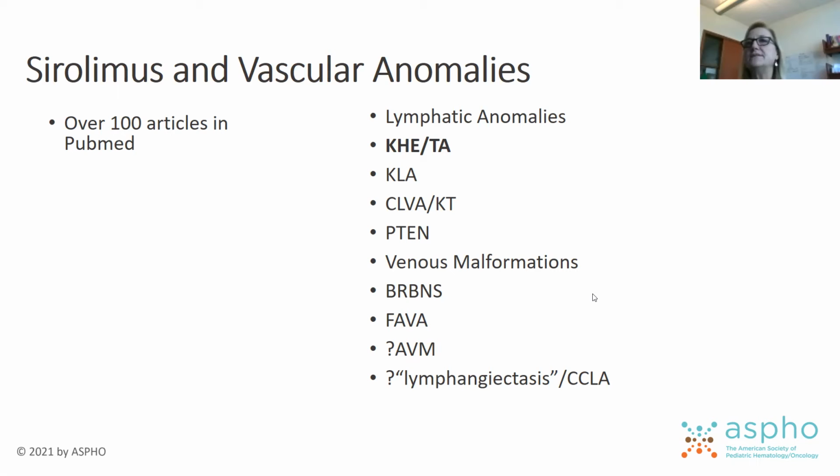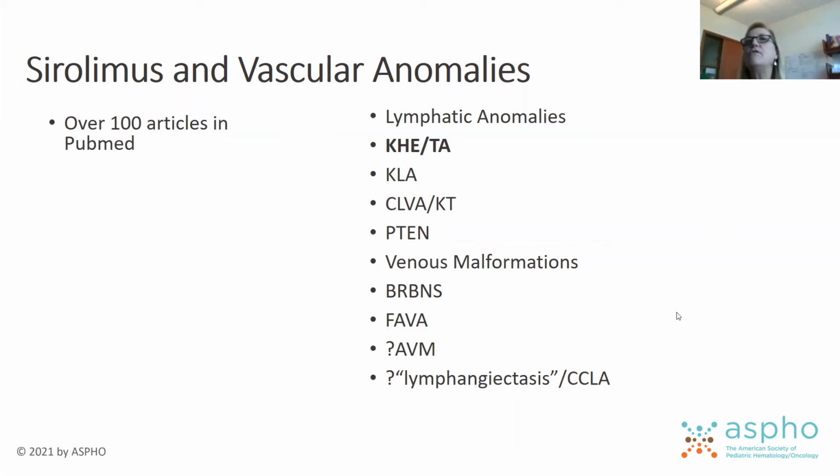Sirolimus is an mTOR inhibitor. I do have some other information about sirolimus in the appendix so that you have that, because I'm not covering things that aren't particularly on the boards. Sirolimus is a treatment for complicated vascular anomalies, mostly with a lymphatic component, and I list them here. But what I want you to know is that sirolimus is the treatment for KHE lesions and tufted angiomas.